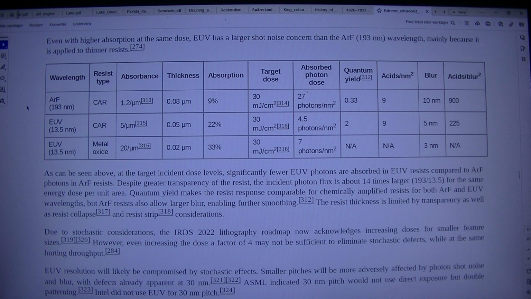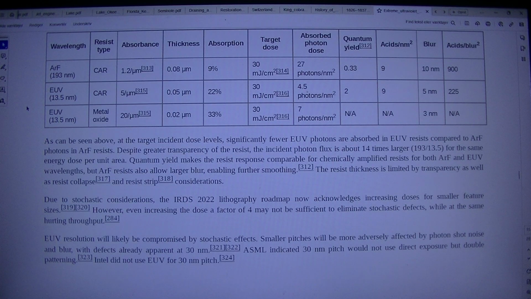EUV, 13.5 nm, metal oxide, 20/µm, 315, 0.02 µm, 33%, 30 mJ/cm2, 316, 7 photons/nm2.